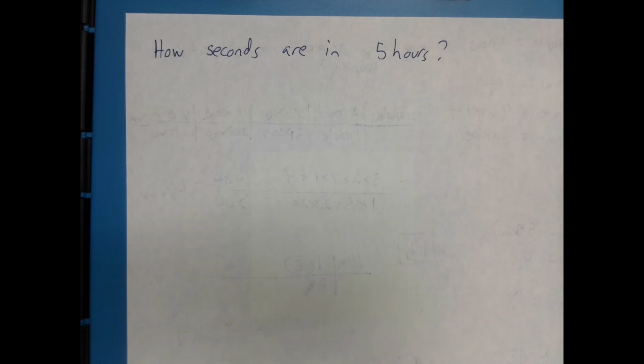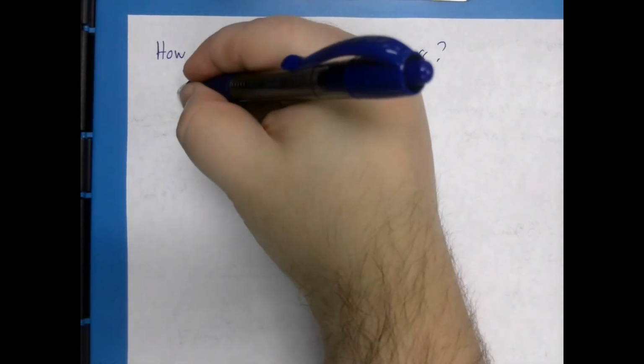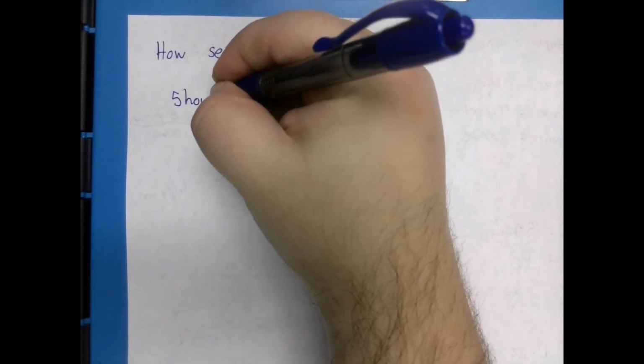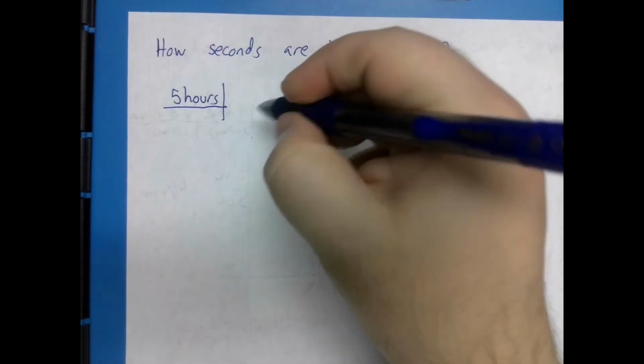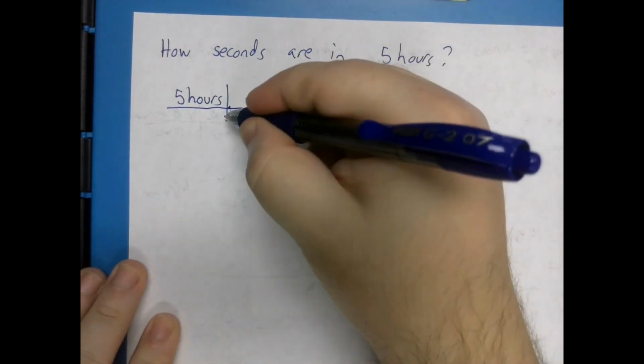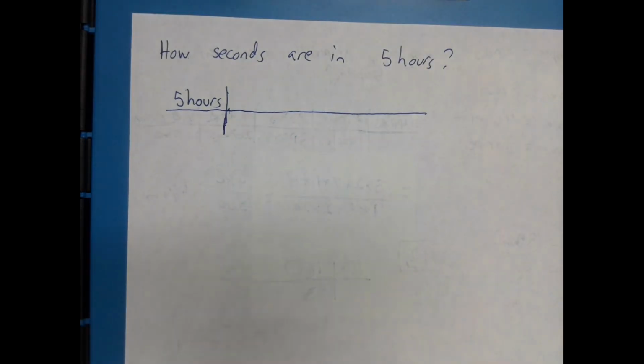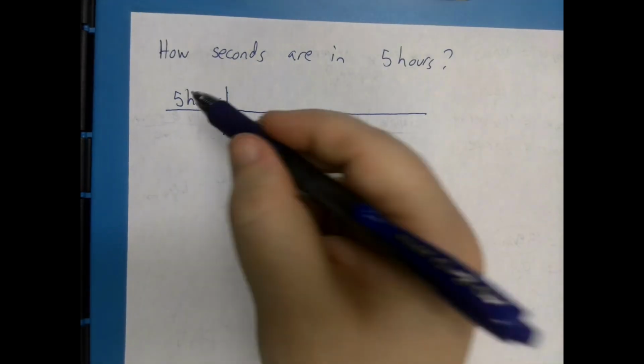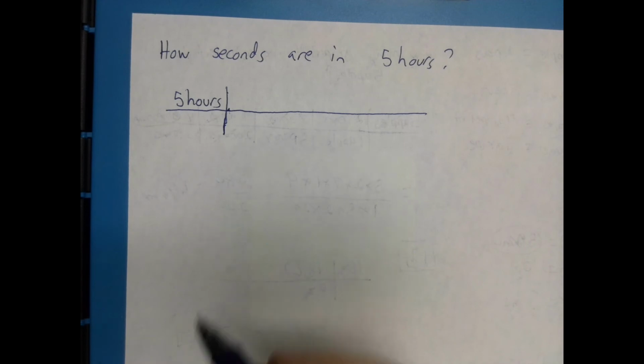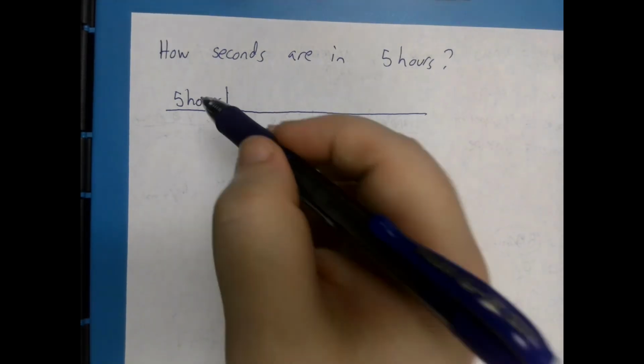So dimensional analysis, we start with what we're given. We're given 5 hours. And we draw our little grid. What we want to do is cancel hours and get seconds. We want to convert the unit hours into another unit.